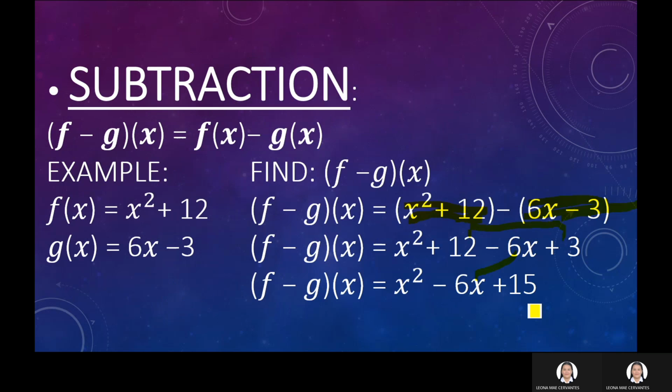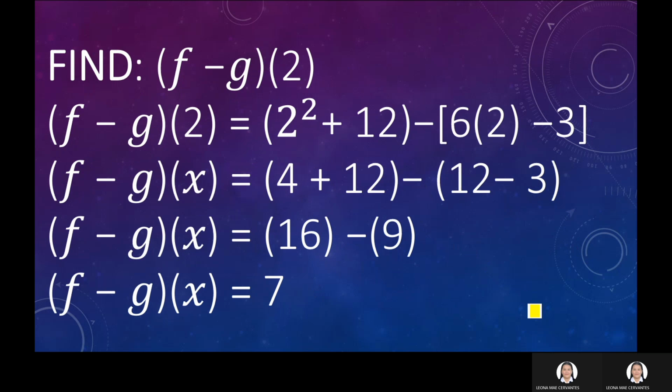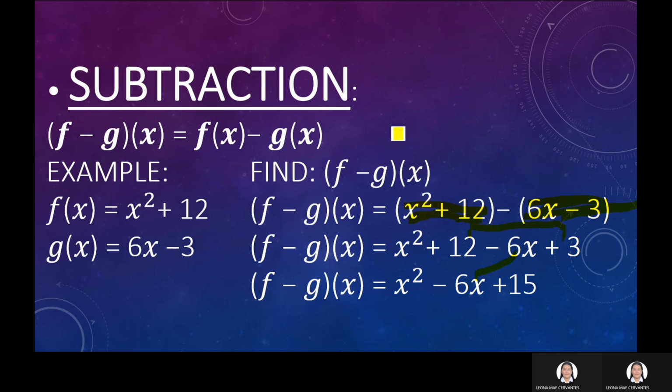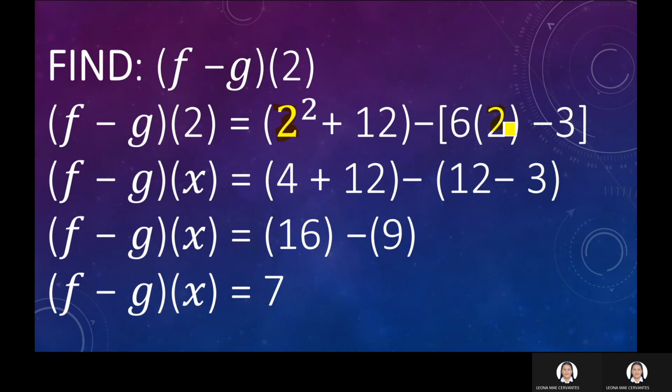Again, the value of f of x is equal to x squared plus 12. If x is equal to 2, so we have 2 squared plus 12. And the value of g of x is 6x minus 3. So we have 6 times 2 minus 3. 2 squared is equal to 4 plus 12, minus 6 times 2 is equal to 12, minus 3.